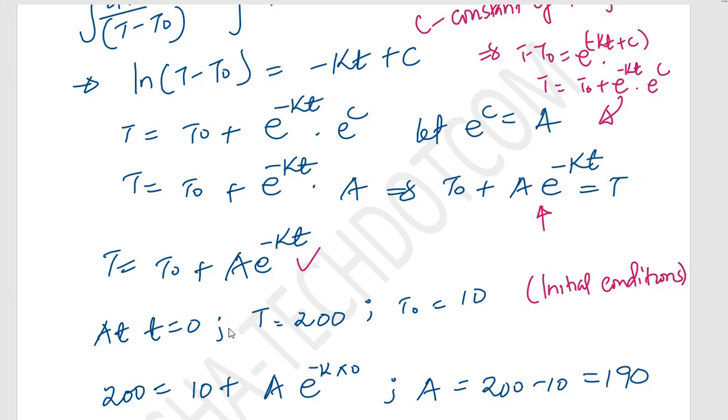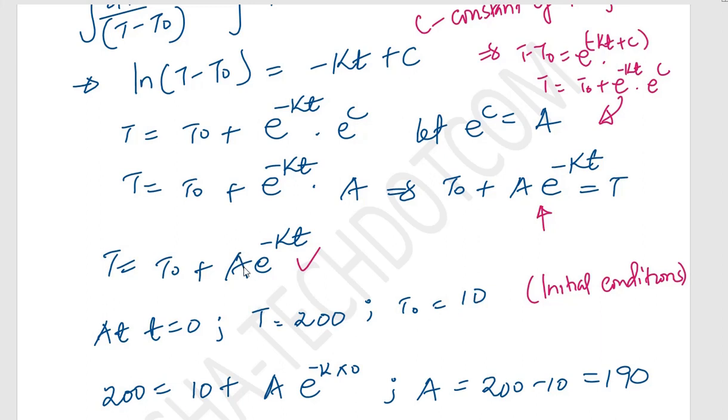At the time when t is equal to 0, the temperature of the wire is 200 degrees Celsius, and T naught, which is the temperature of the surroundings, we are taking as a constant, equal to 10 degrees Celsius.